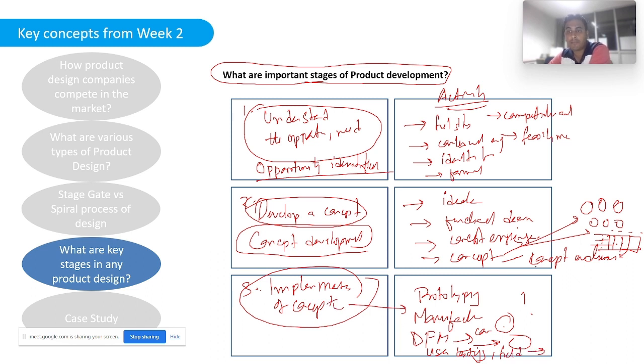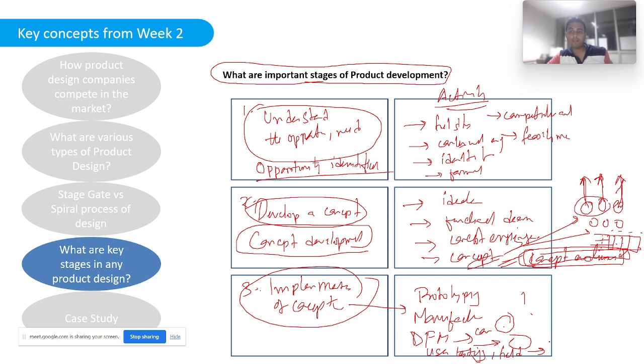This is concept evaluation, where you have predictions of particular concepts based on certain matrices via experts, and they evaluate which concept is more feasible, more efficient. There can be different filters, but this process is done at the conceptual level, because you may have multiple concepts, and based on your expert analysis you can choose a particular concept to work on.